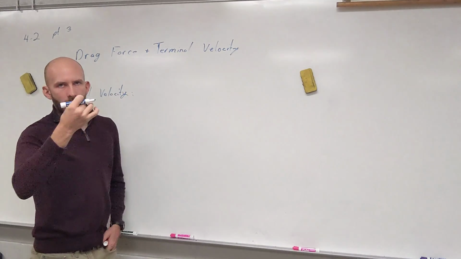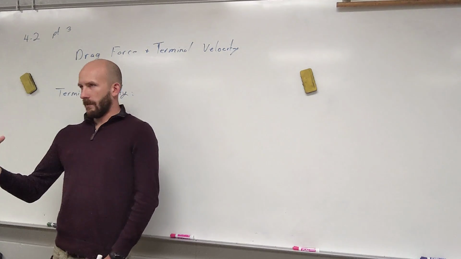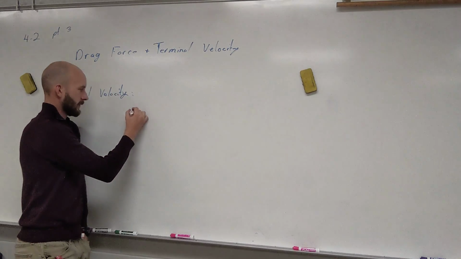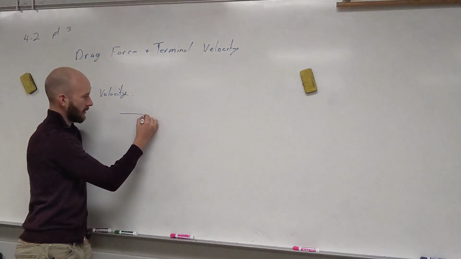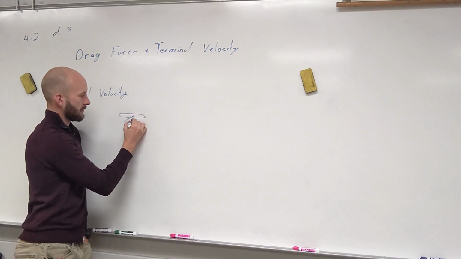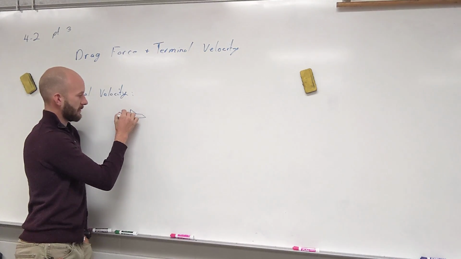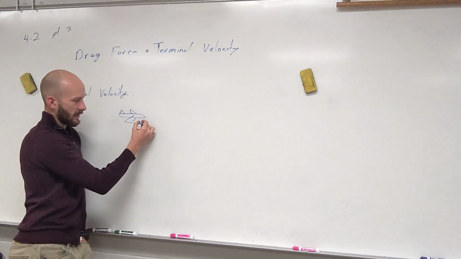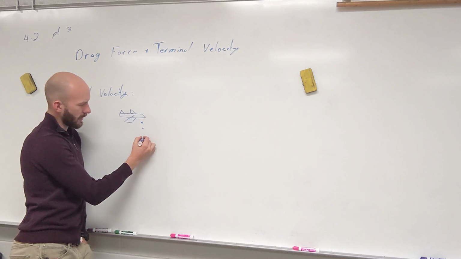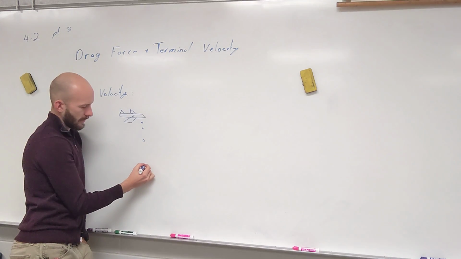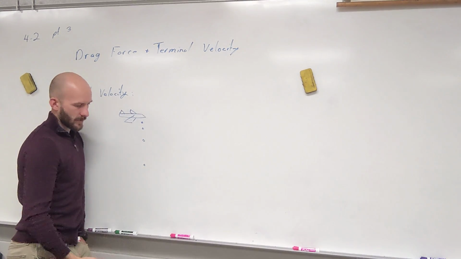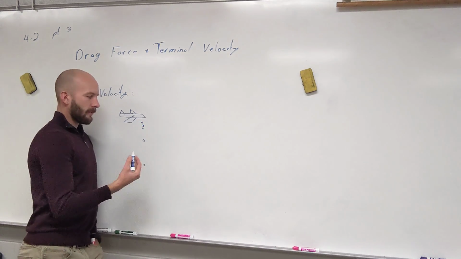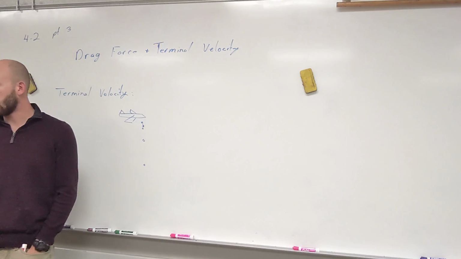Let's say you drop a rock out of an airplane. Okay, imagine a small little rock. So we've got our falling rock, and it's traveling somewhat slowly at first, but it's accelerating, and it's traveling faster and faster and faster. Okay, up here, when the velocity is very small, drag force is also very small.